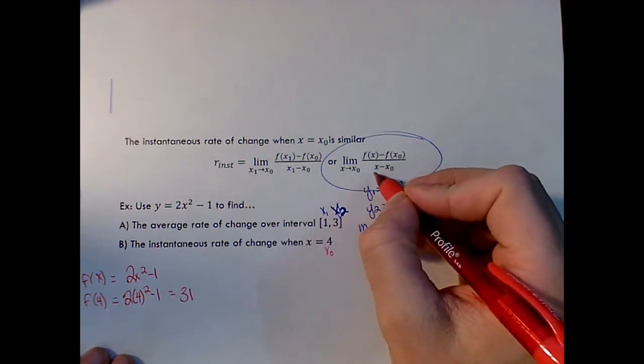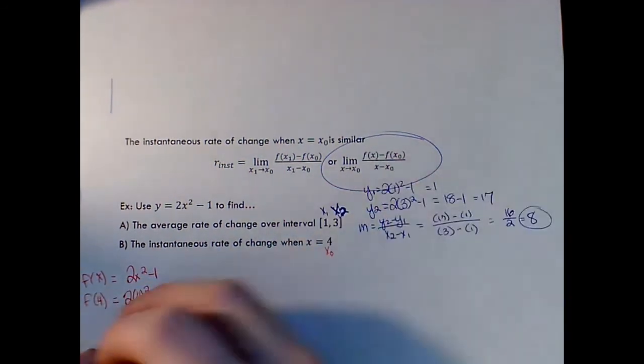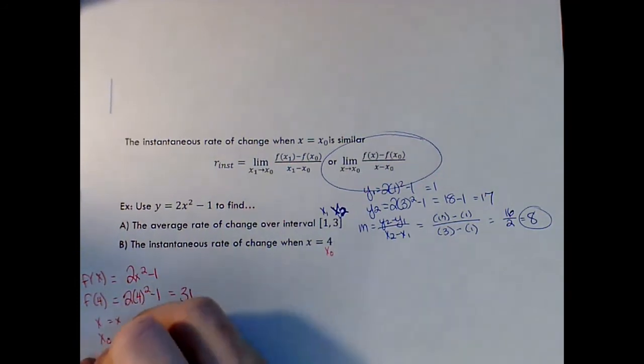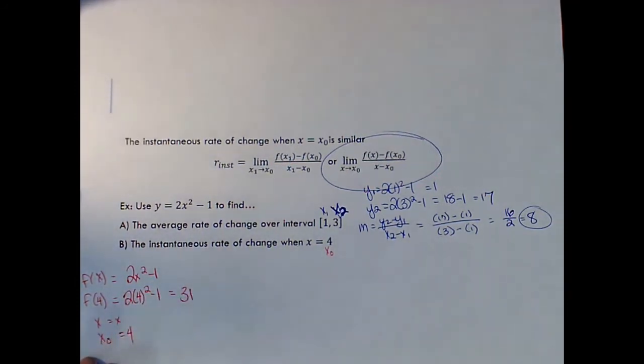X is x. And x sub 0 is 4. Time to plug it all in.